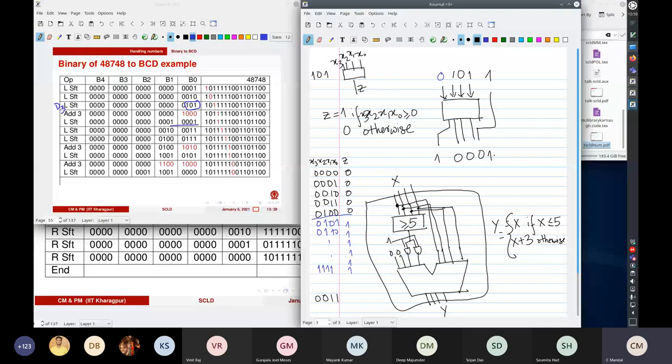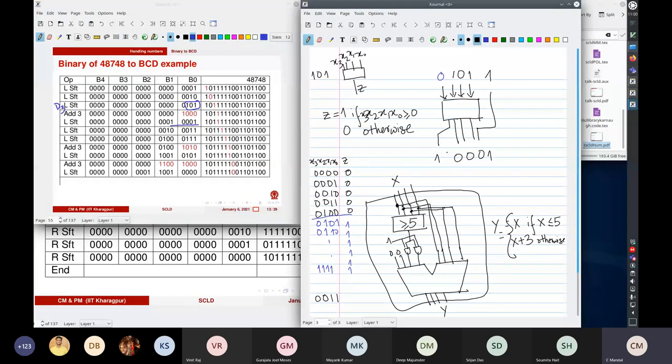So what you can see is that if you make a cascade of these units, this unit does allow you to convert four bits of binary to 5 bits of 2 BCD digits.